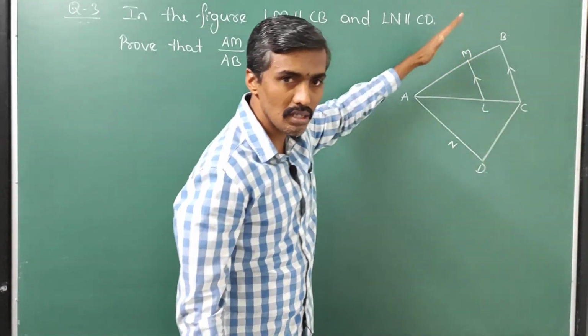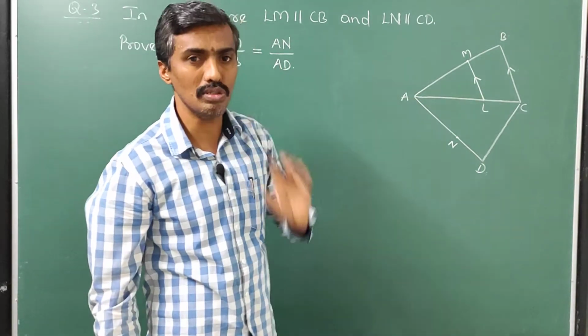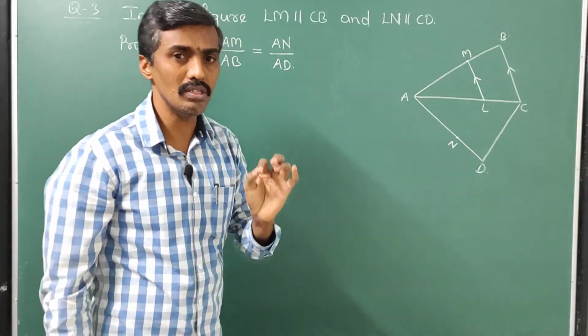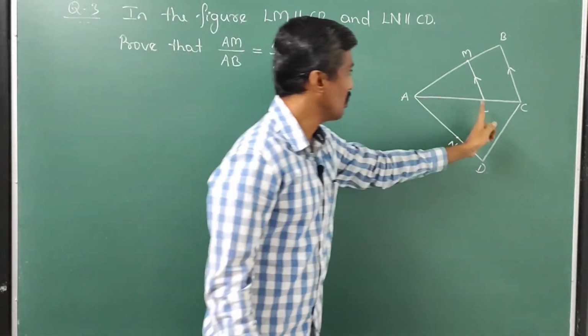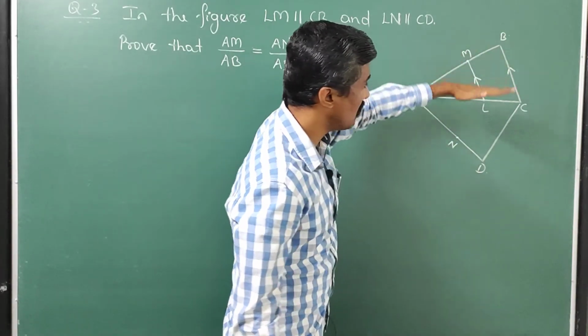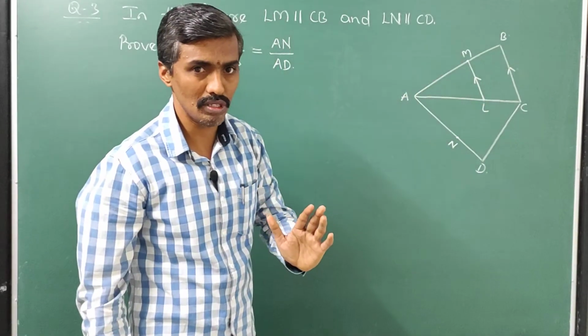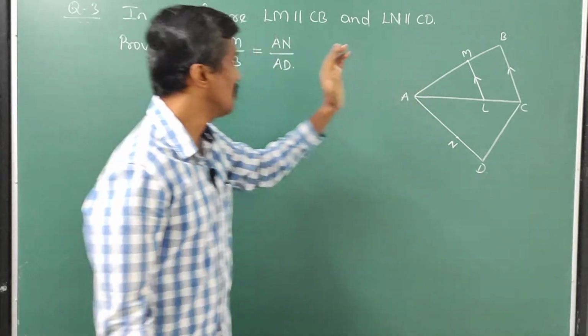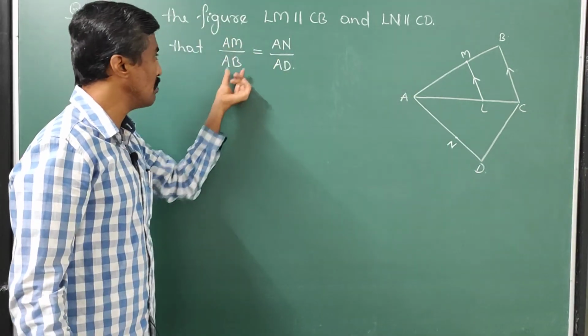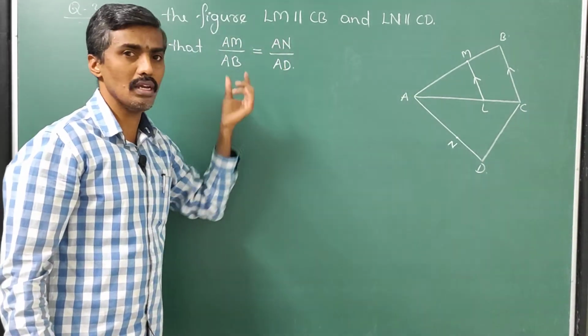So LM divides AB and AC in the same ratio. By using that we can prove that AM by AB is equal to AN by AD.